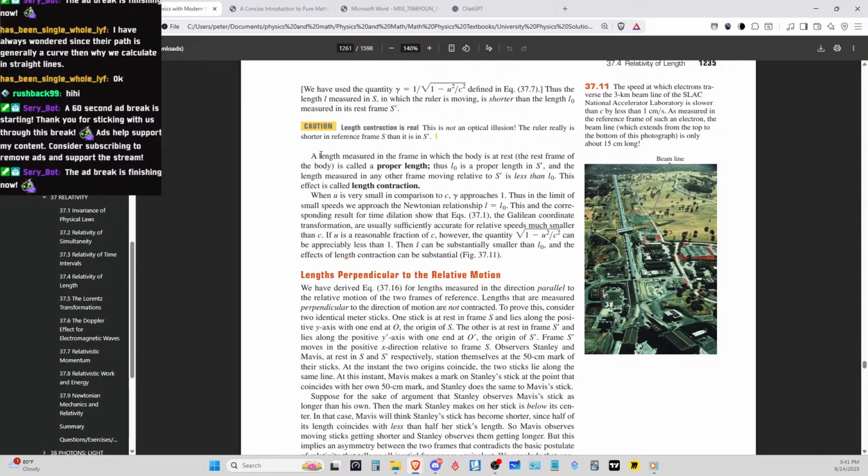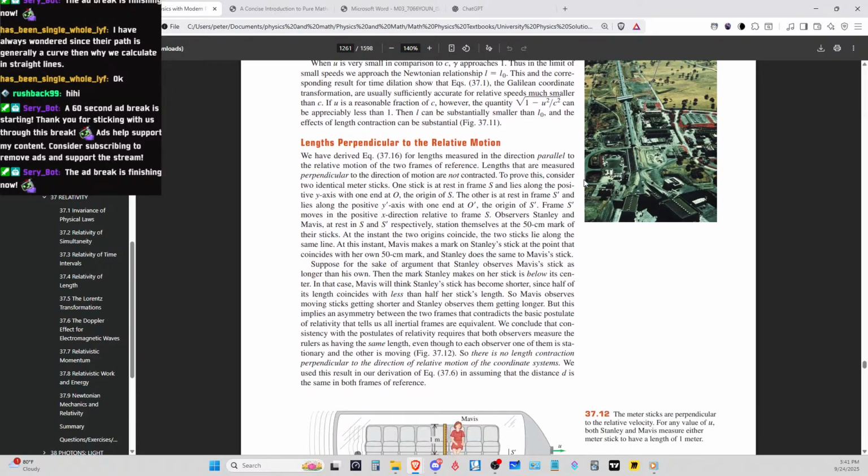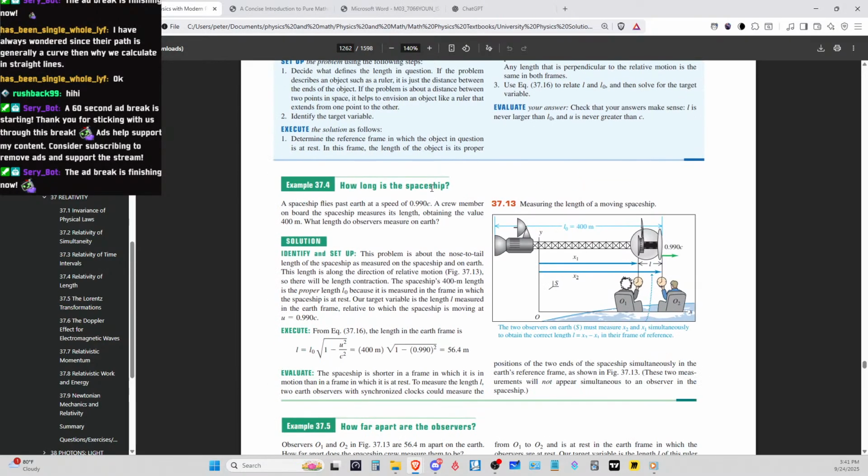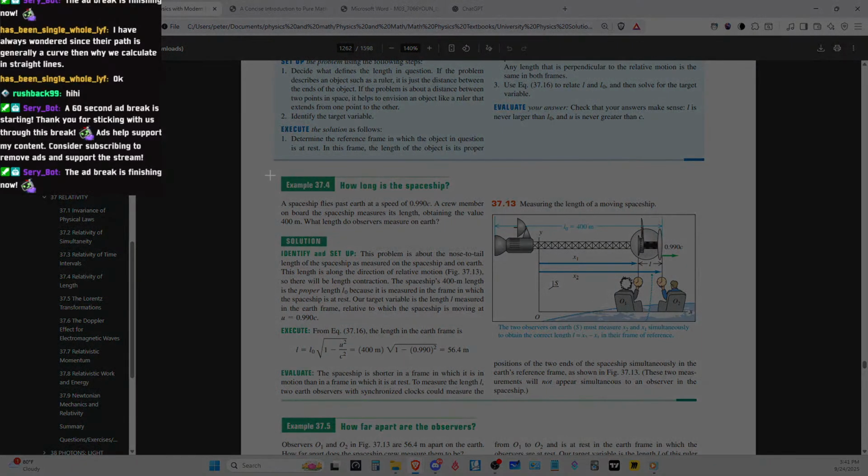A length measured in the frame in which the body is at rest is the proper length. Thus, the proper length of this, and then this is the effective length contraction. Okay, so now we're given another problem.